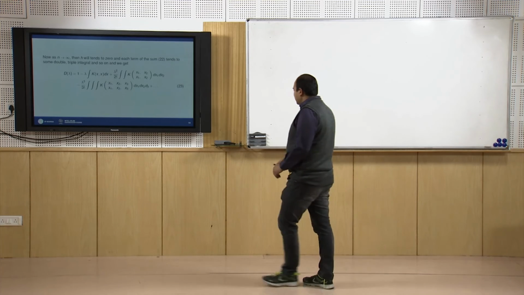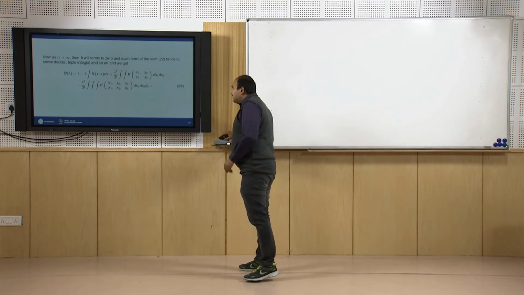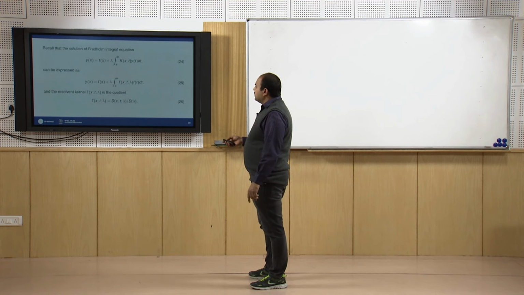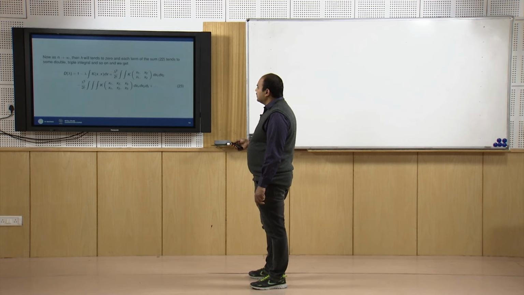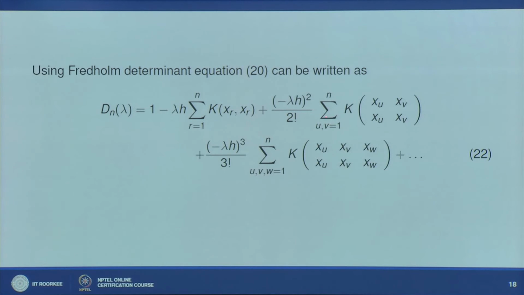So we have seen that as n tends to infinity, this h will tend to 0, and each term of the sum tends to some double, triple integral and so on. We can say that a single summation will go to a single integral, a double summation will go to a double integral and so on, because n is tending to infinity and h is tending to 0.